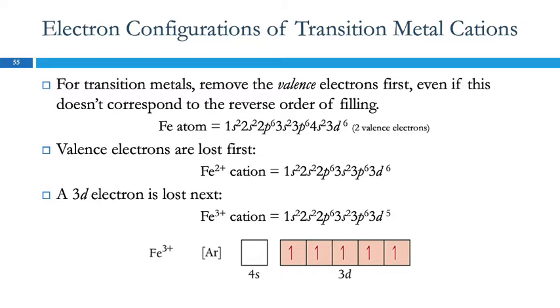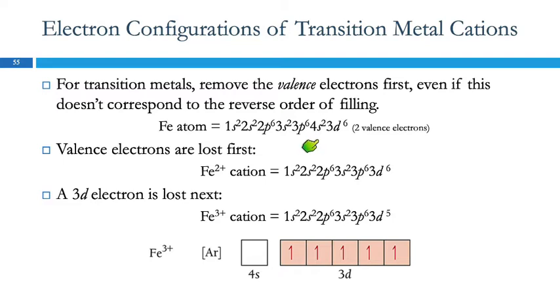So for this iron atom, its electron configuration is shown here, and when we talk about order of filling, the 3d6 orbitals got electrons last, right? So it's natural to assume we'll go last in, first out.